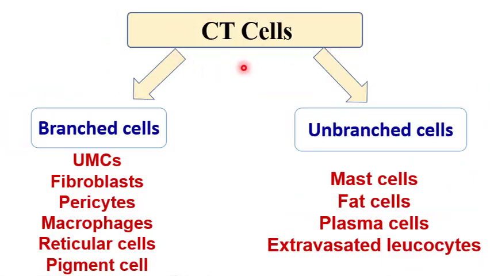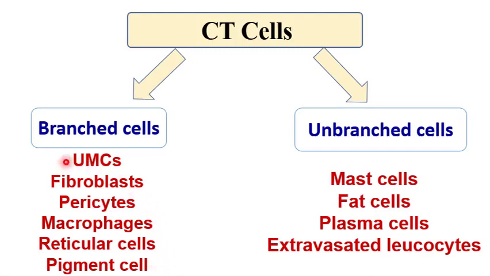Cells of connective tissue may be branched, meaning they have branches from the cell body, or unbranched, containing no branches. Branched cells include the undifferentiated mesenchymal stem cell, fibroblast, pericyte, macrophage, reticular cells, and the pigment cell.